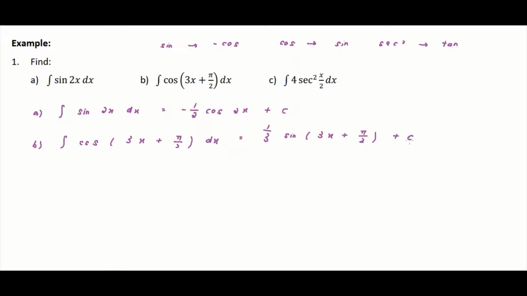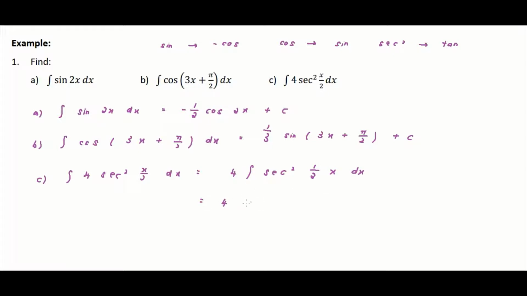Alright, so let's move on to c. Integrate 4 secant squared of x over 2 with respect to x as well. The first thing that you can do is bring out the constant that you have. If you find it difficult, you can just write 1 over 2 x. So equal to 4, the constant stays outside as well.